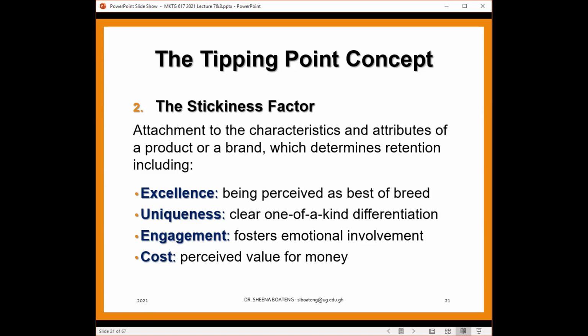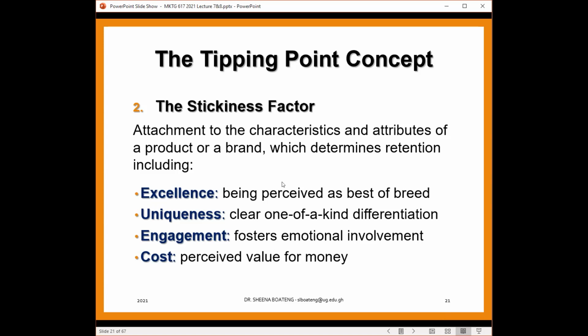Whereas other brands are popular with users, and users are stuck to them mainly because of cost. Because let's face it, customers are rational. They always want value for money. So the one who can give them the best value for the money that they have, they will definitely stick to and keep coming back to.